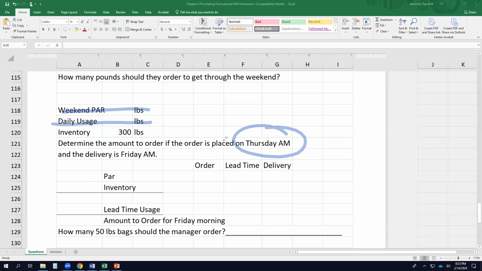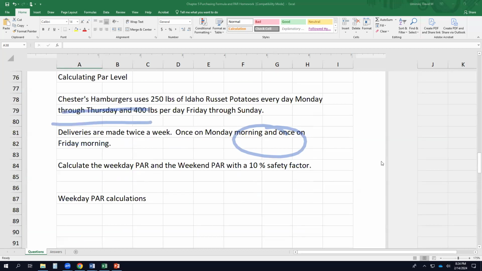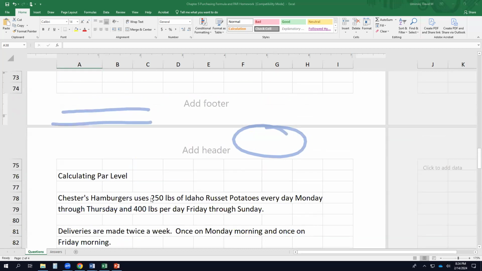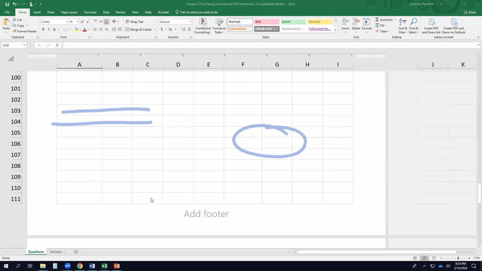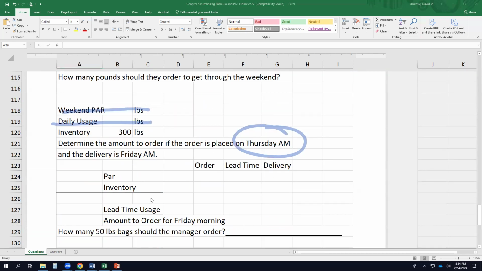What was my daily usage for the weekdays? 250 pounds. So this is where students get kind of caught off guard. I'm using my weekend par, but I'm using my daily weekday usage of 250 pounds.